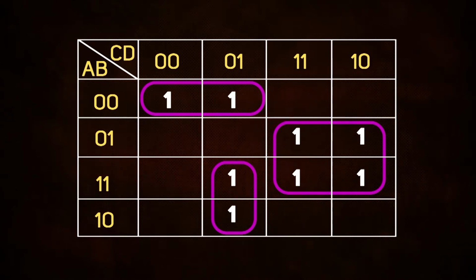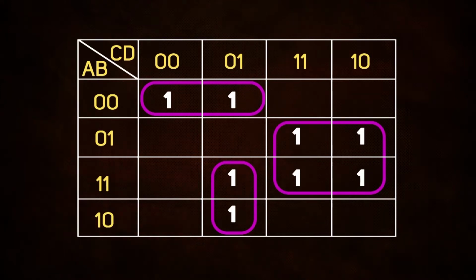In each group, the number of cells, that is the number of ones, should be a power of 2, meaning 1, 2, 4, 8, etc., or in general 2 raised to n. Include the maximum possible number of ones in a group as shown. Each one should be included in at least one group.